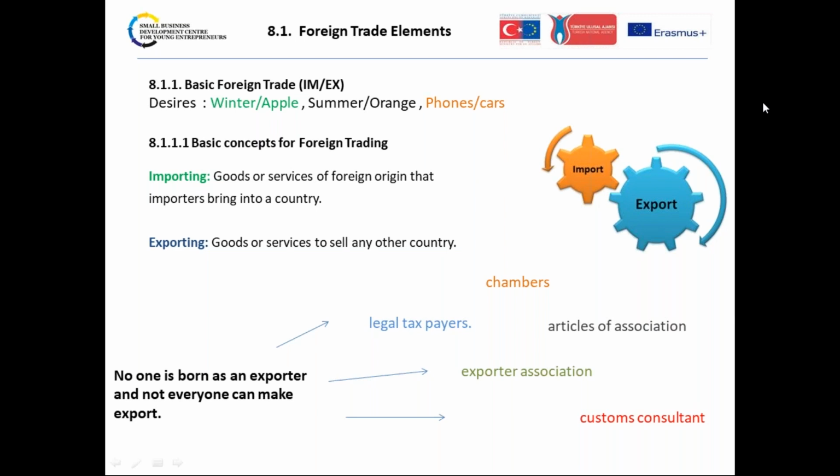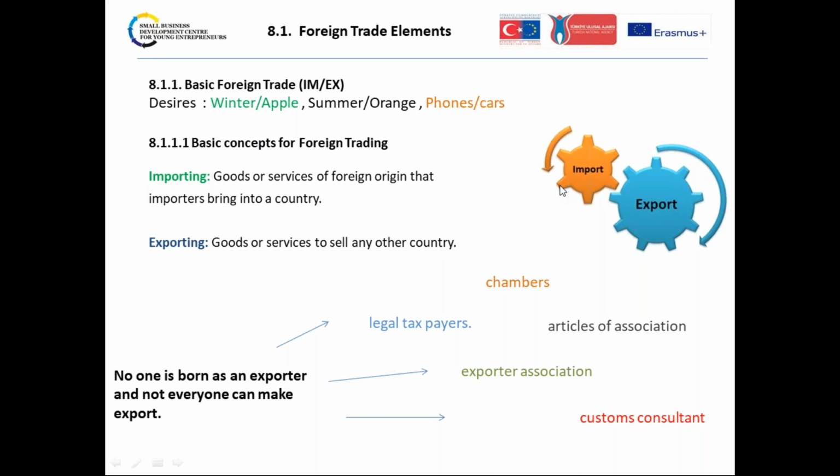And most people are asking us, how can I be an exporter? So who can be an exporter? Our answer is no one is born as an exporter, and not everyone can make export.